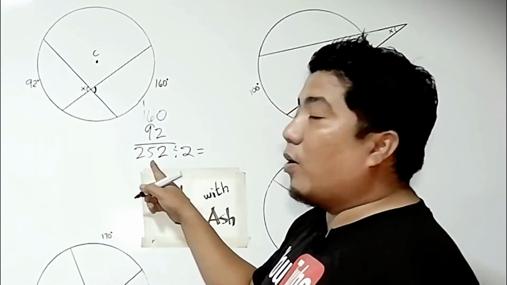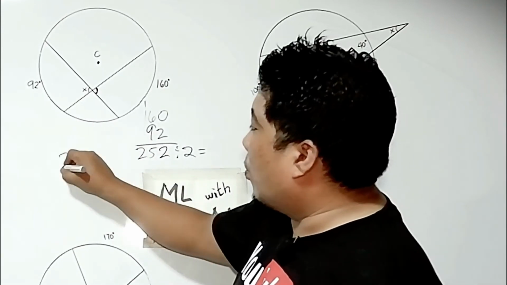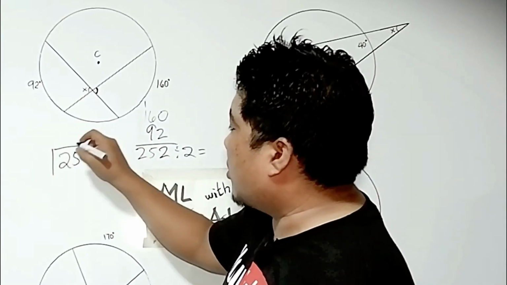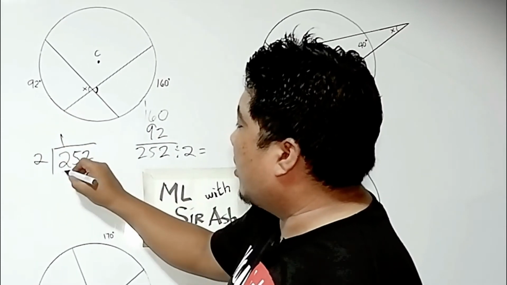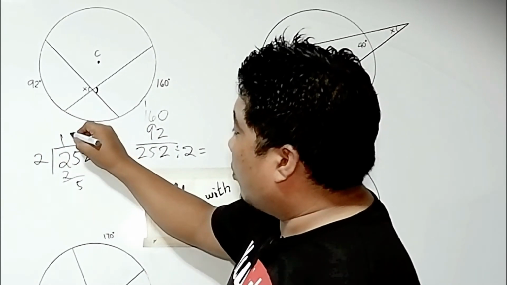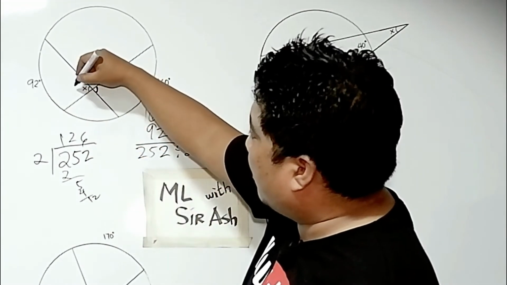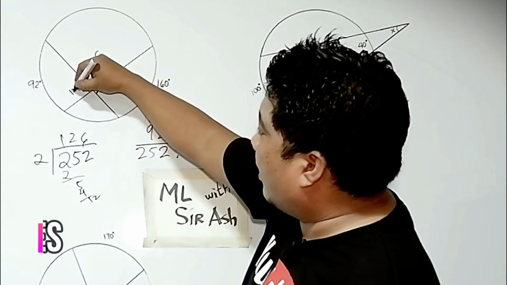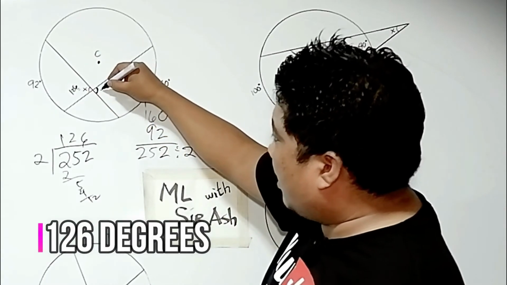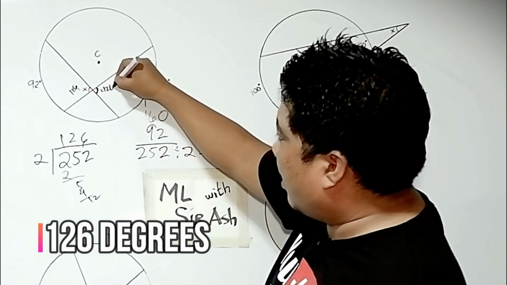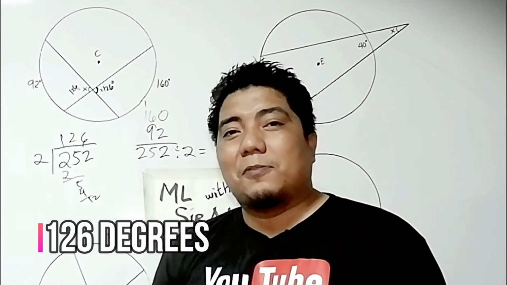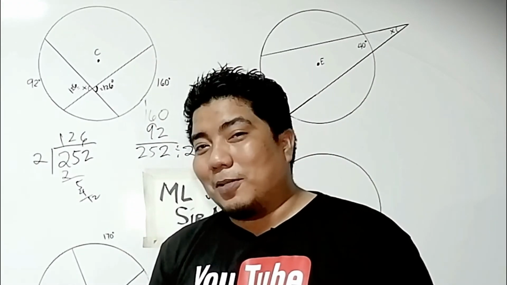So what is half of 252? You just divide it by 2, okay? So 2 into 2 is 1, 2 into 5 is 2 with 4... 12, and that will be 6. So the measurement of this one is equal to 126. Also, this angle is also 126 degrees. And that answers your problem.